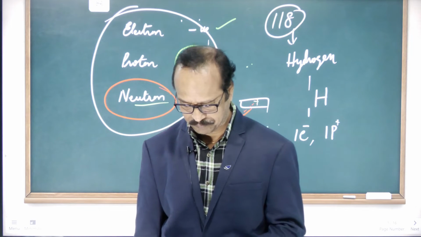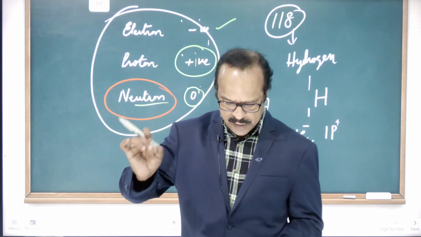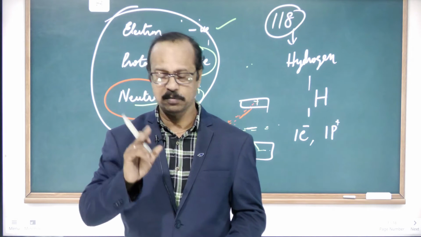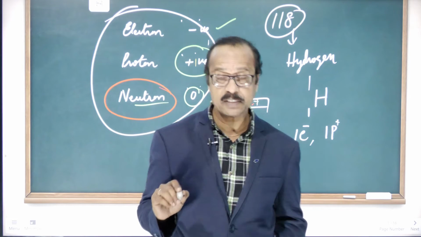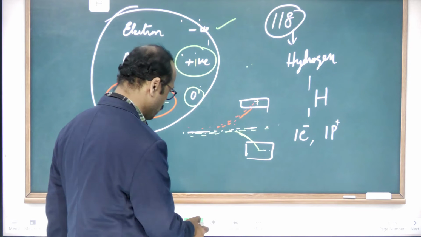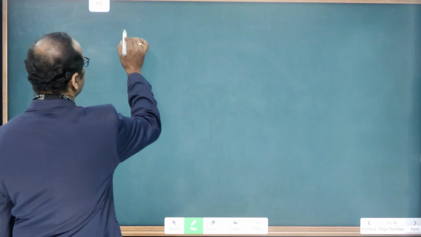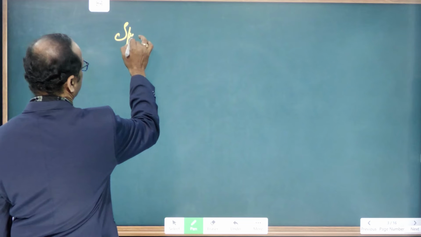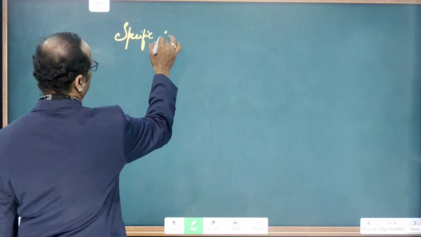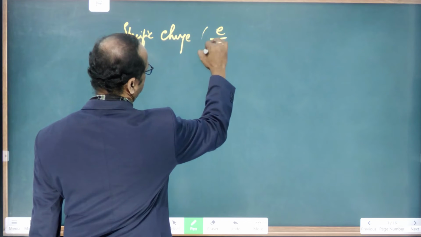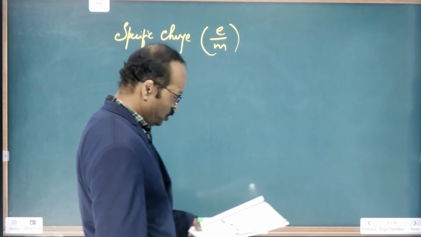First question. The specific charge of positive rays. Specific charge means e by m ratio. This we already discussed in the previous class.